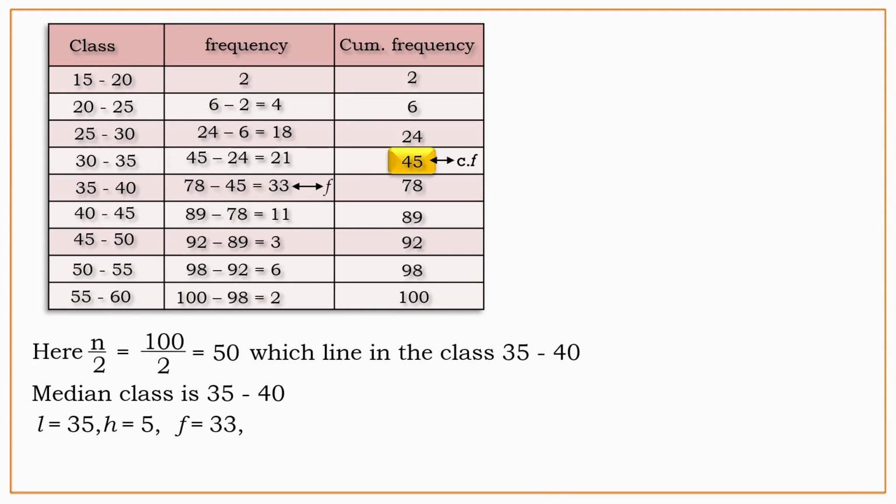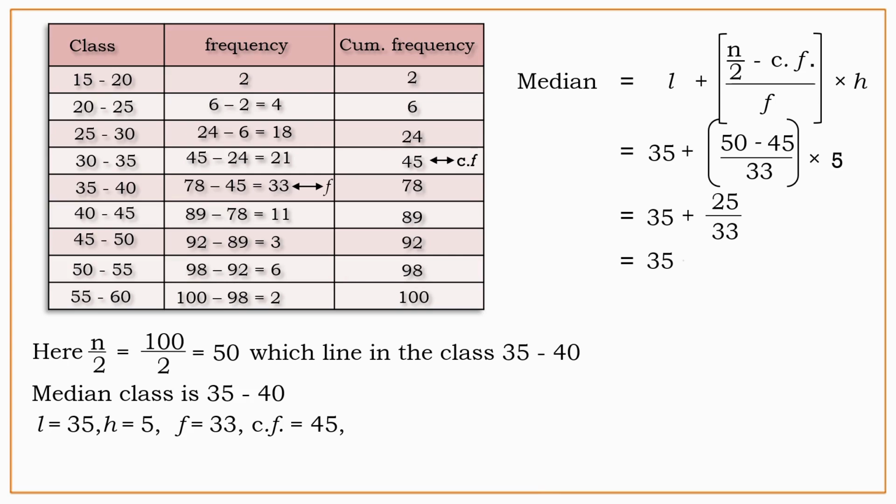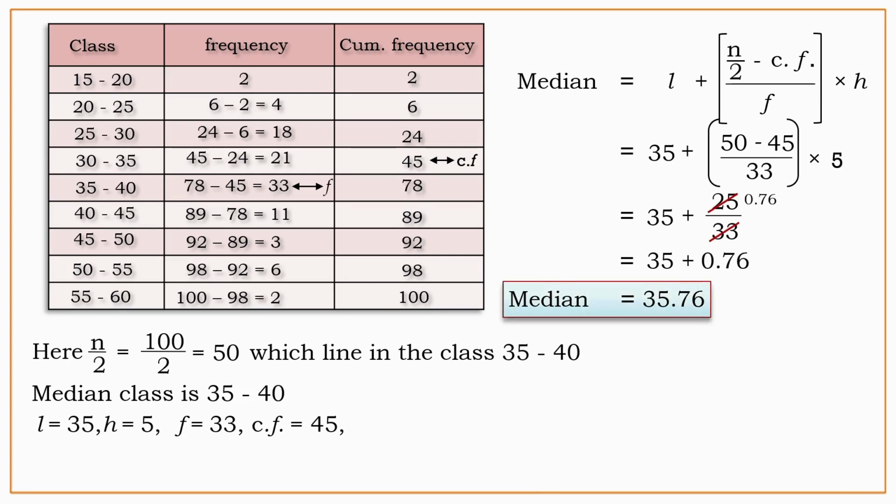F is already 33, we know. CF is 45. Now put all these values in the formula, that is L plus (n by 2 minus CF) by F into H. So now put all these values over here. The final median we got is 35.76. Okay.